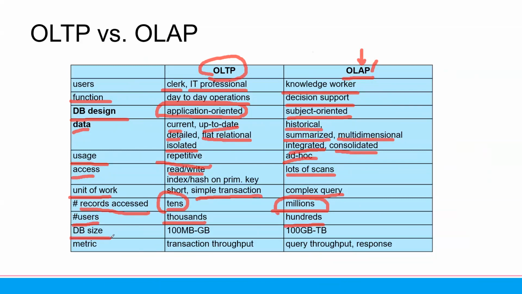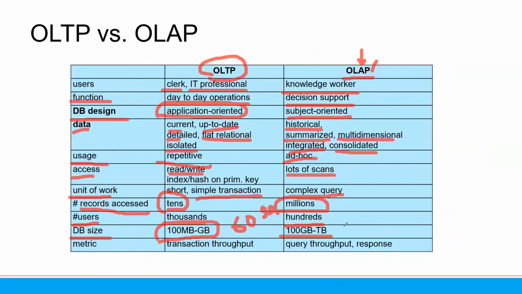The DB size, usually for the transactional, is less than the OLAP, because you are going to do the transactional. After you finish with the transaction, you will save it into the data warehouse. And the data may have only 60 to 90 days. So it's short.